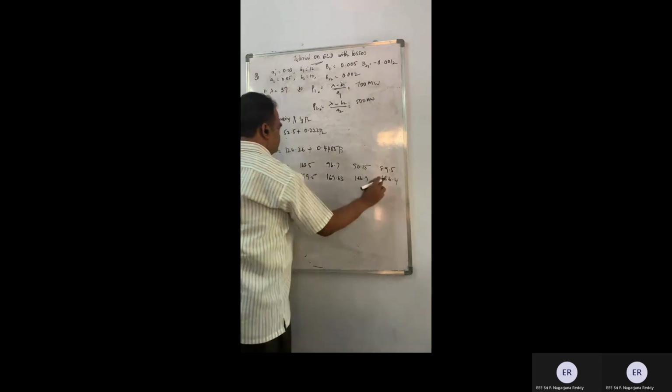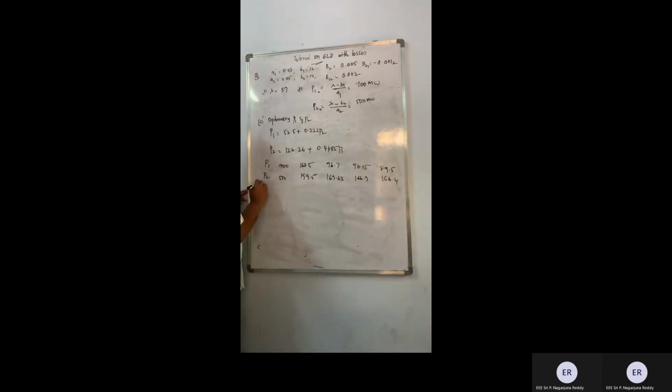These are the converged values now, P1 and P2. I hope it's enough for us.